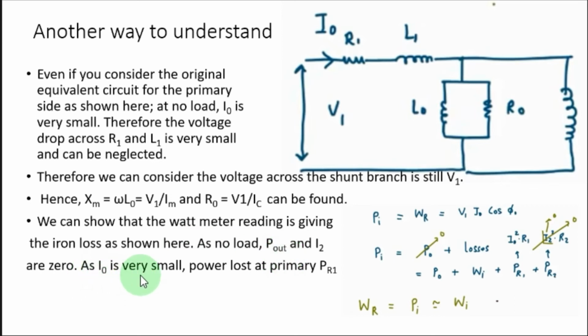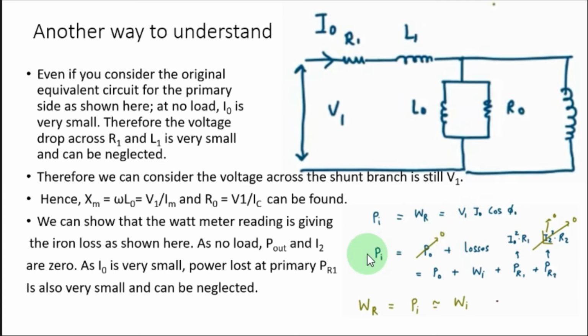As I naught is very small, power lost at primary, I naught squared R1, is also very small and can be neglected, because these are very small currents going through this one. Therefore input power is V1 into I naught cos phi naught.